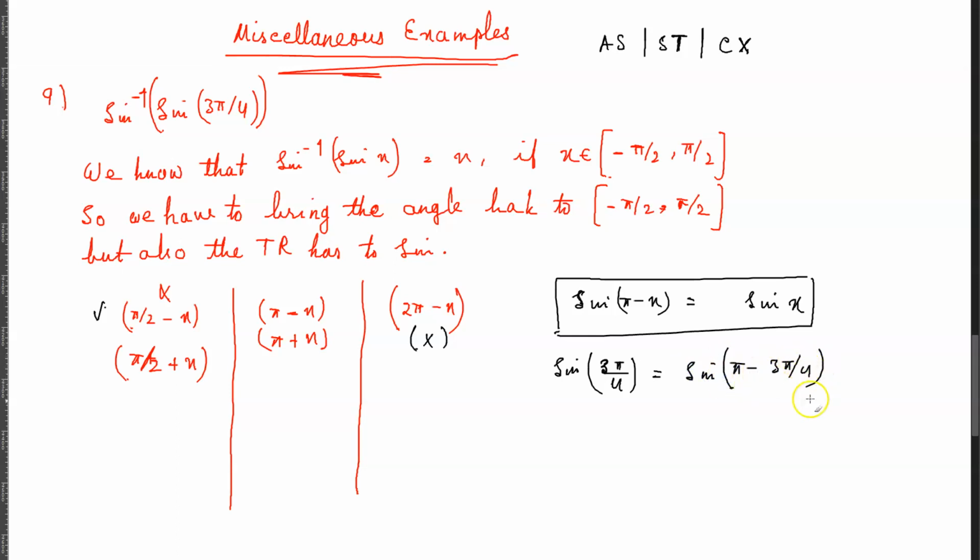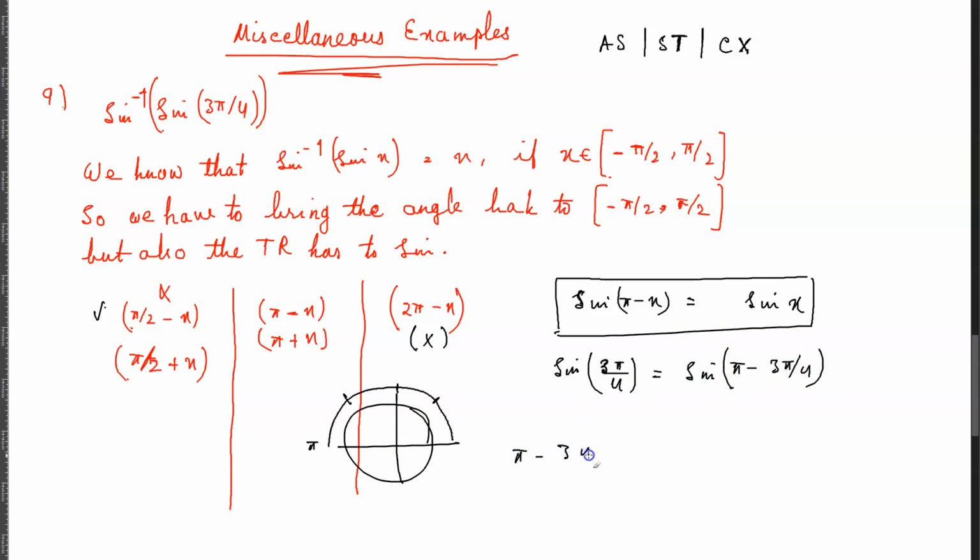Pi minus 3 pi by 4 gives me some angle like this. So 3 pi by 4 is this angle, and negative 3 pi by 4 is starting from here. Pi by 4 is here. So it will give you this angle over here, which is equal to pi by 4. Let me check using the algebra as well.